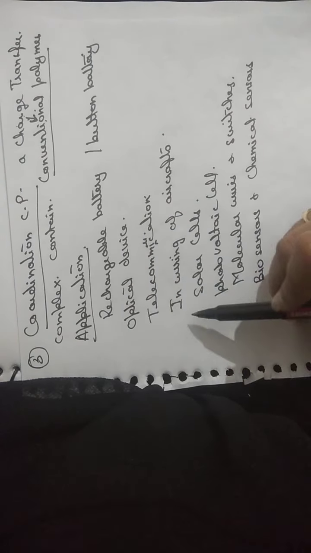The second is extrinsically conducting polymer, which is again of two types: conductive element filled conducting polymer and blended polymer. Then coordination conducting polymer, and then we have applications. It is used in rechargeable batteries, button batteries, optical devices, telecommunication, wirings of aircraft, solar cells, photovoltaic cells, molecular wires and switches, biosensors and chemical sensors.